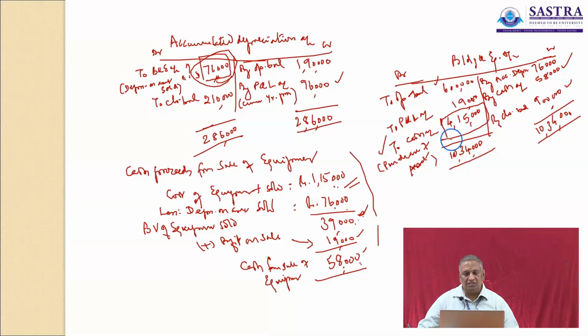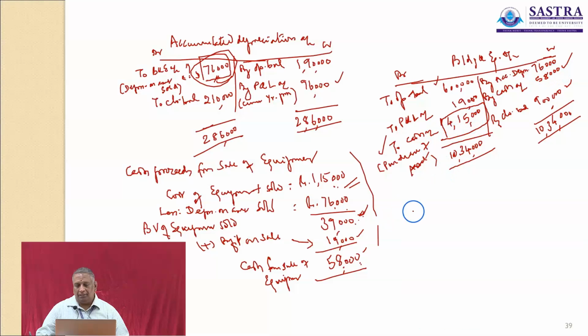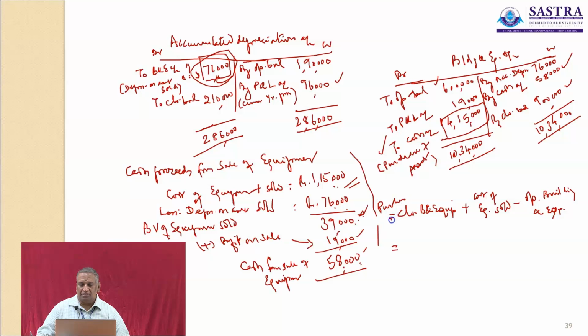So, alternatively, by taking into account the closing balance of building and equipment plus cost of equipment sold minus the opening balance of building and equipment, you can calculate purchases. Purchase can be calculated like this.